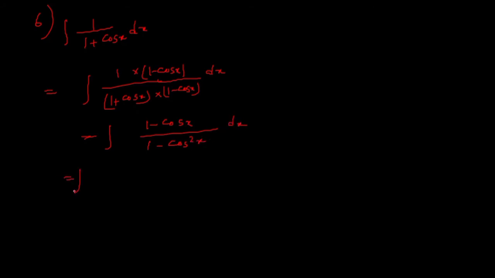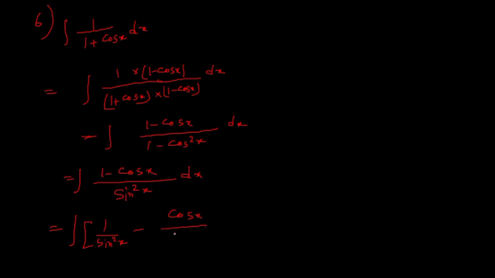Now integration of 1 minus cos x by 1 minus cos square x means sin square x dx. Now separating this, we will have 1 by sin square x minus cos x by sin square x dx. So what will be 1 by sin square x?